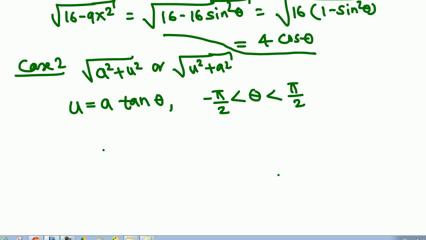The identity we will be using is 1 plus tangent squared equals secant squared.